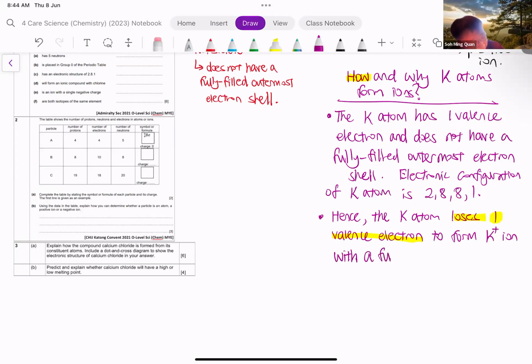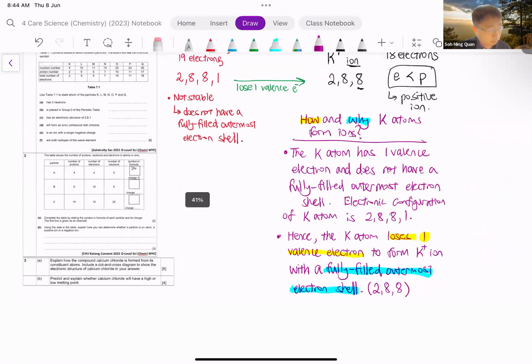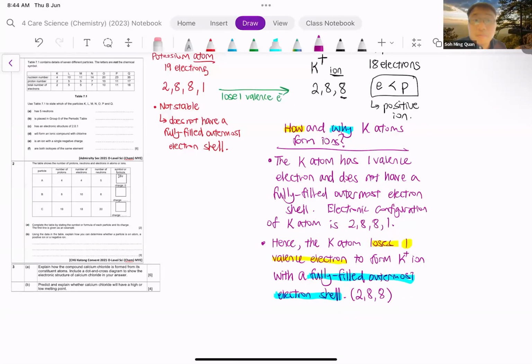The K plus ion has stability because it has a fully filled outermost electron shell. And this is the why. You can include 2, 8, 8. So just ensure you have taken this down. This explains how you are supposed to phrase your answer.